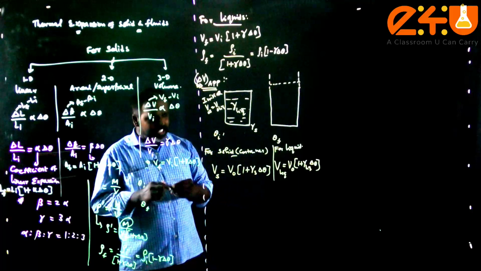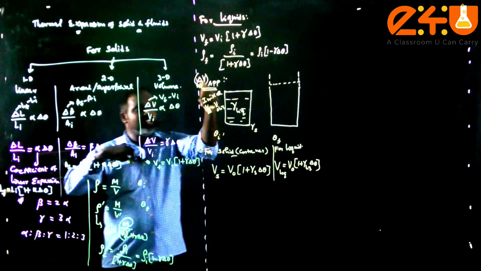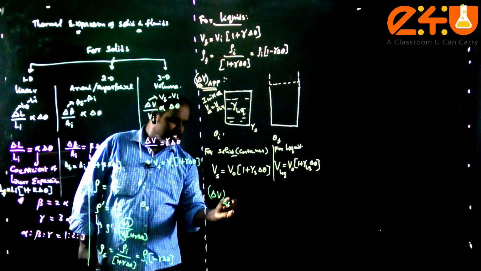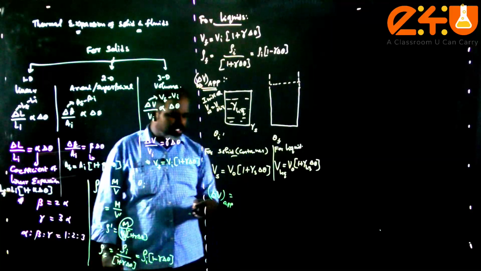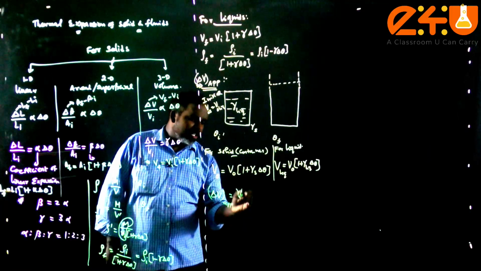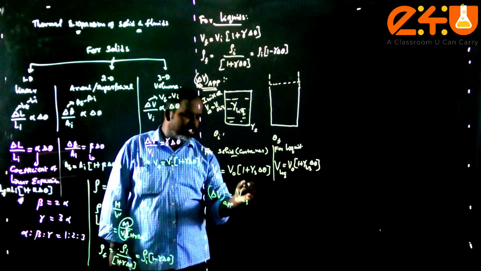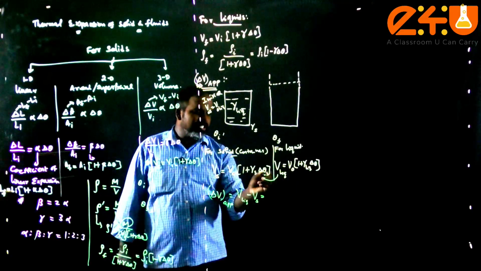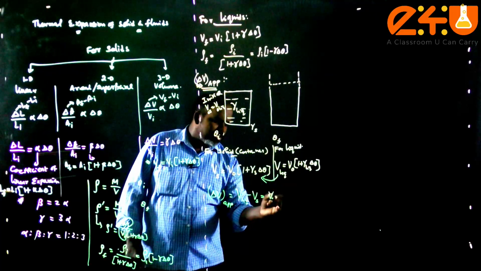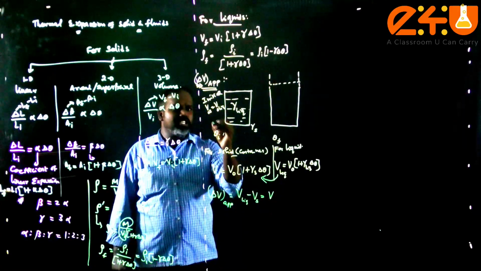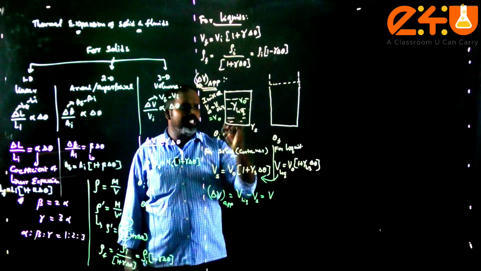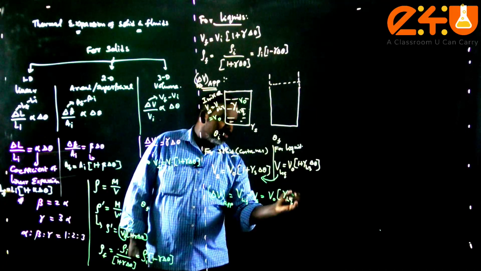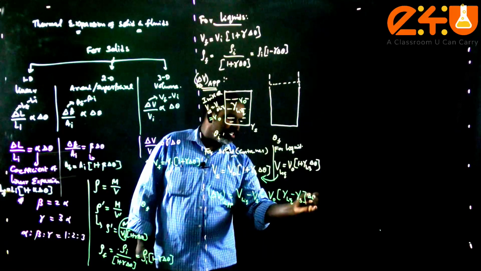Now please see that the apparent change in volume, delta V apparent volume expansion of the system, is given by V liquid minus V solid. Subtracting these two equations, with the initial volume V naught, I can write V naught into gamma liquid minus gamma solid into delta theta.